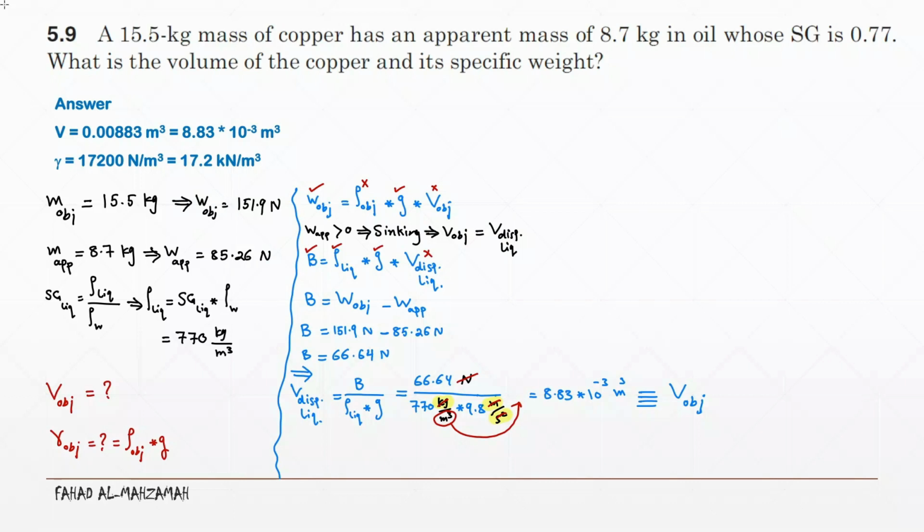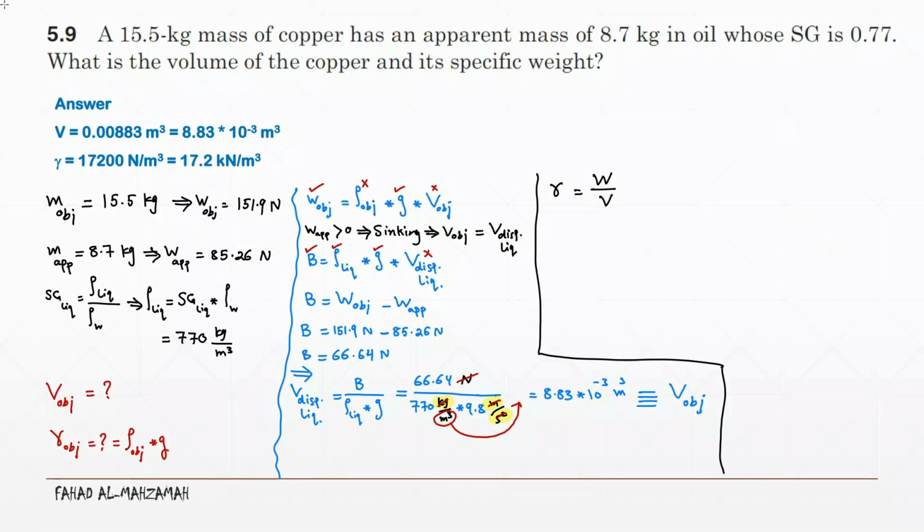The question continued and asked what will be the specific weight of the object. Now we know the specific weight formula: it is simply weight over volume.